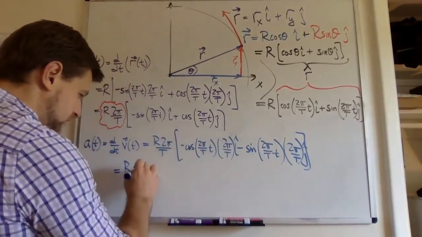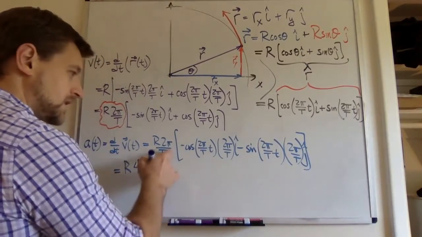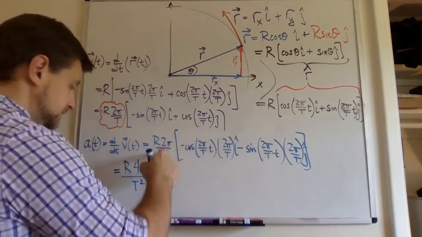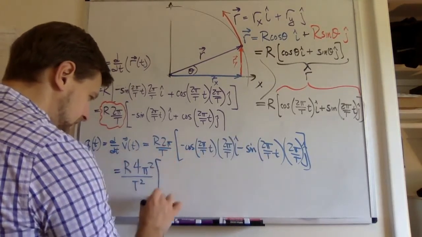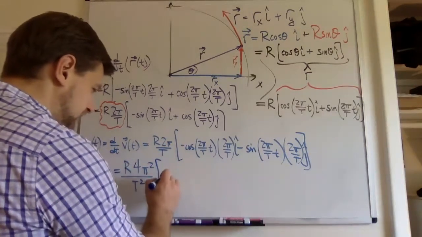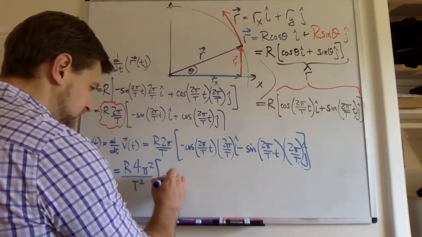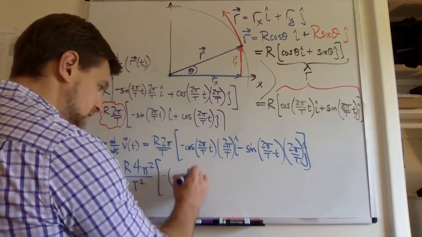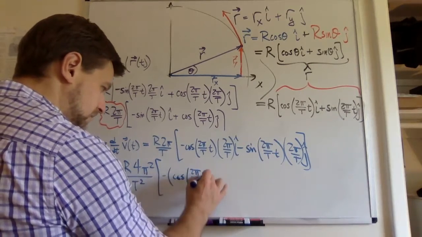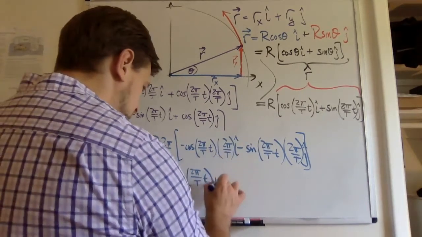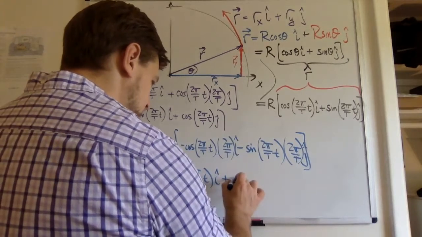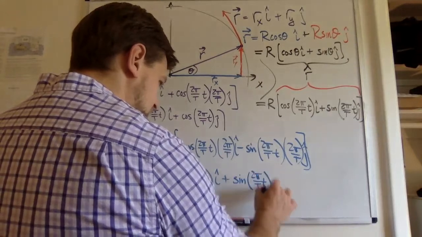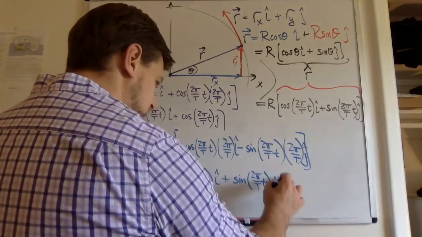So we're going to have 4 pi squared divided by t squared, because there's one here, and we're going to factor out another one, times, I'm going to factor out the minus sign as well, cosine 2 pi over capital T in the I plus sine 2 pi over capital T in the J.